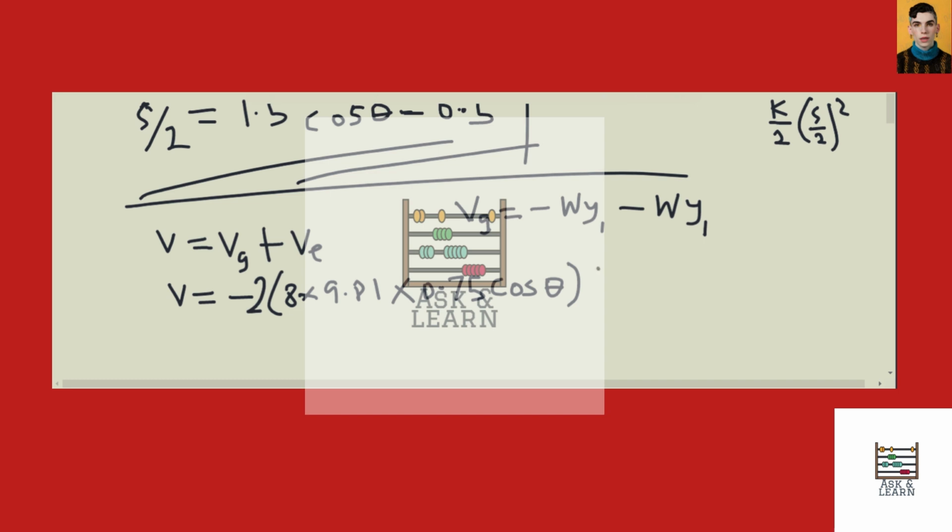Then bring in our spring. We're going to have it to be k over 2 times 1.5 cos theta, minus 0.5.